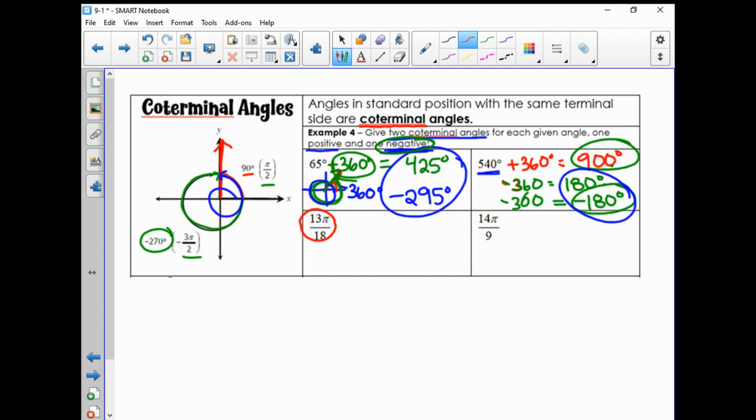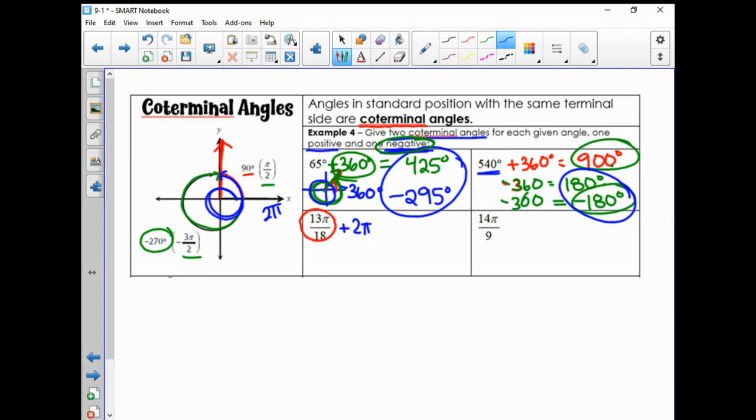I'm going to work with this in radians though, and I'm going to say, okay, remember when we add 360 degrees, we can add that in radians too. Remember, all the way around the circle was 2 pi. So all we're going to do right here is add 2 pi to the radians and subtract 2 pi. Now, if your calculator does this, that's fantastic.